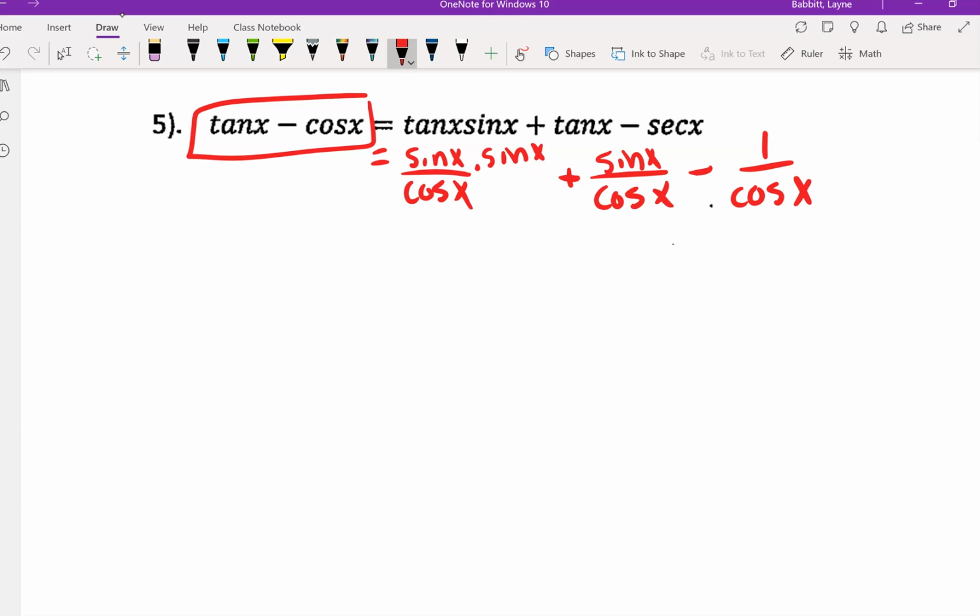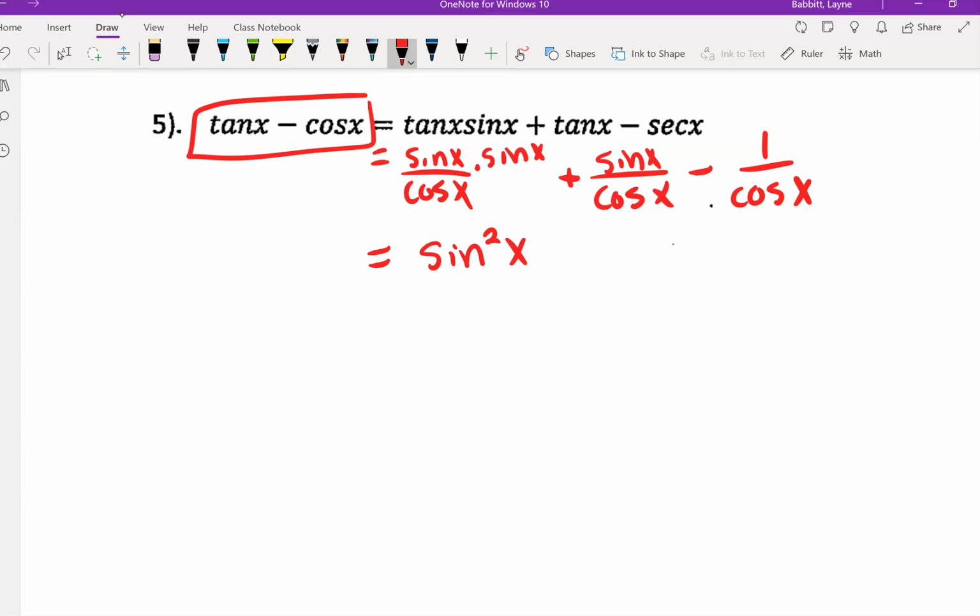Alright, and then I'm just going to do a little simplifying. I know that sine x times sine x is sine squared x, and then I'm just going to add all these fractions together. That seems like a good idea to me to start simplifying.